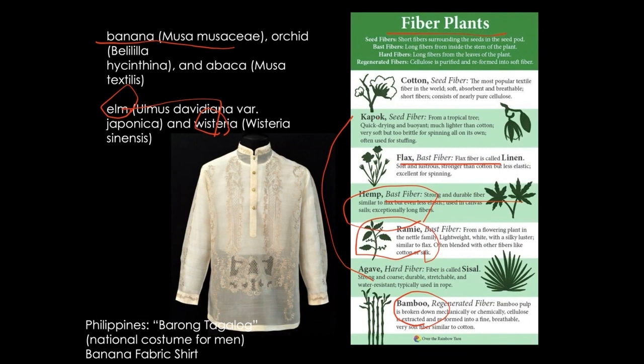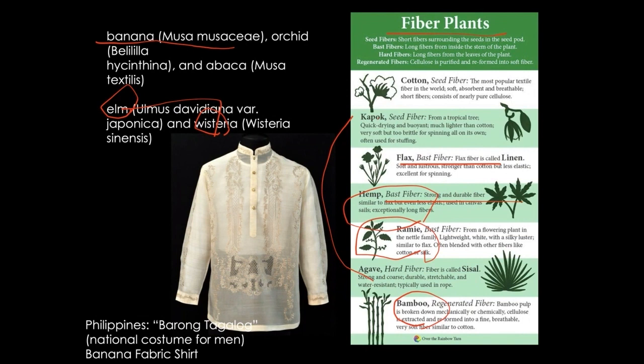When did the Chinese people use the cotton? From the Mongol period and so forth. So these are different names of seed fiber, bast fiber, and then hard fiber, and then regenerated fiber. So I heard usually it's bast fiber that, let's say, hemp and ramie are classified into.